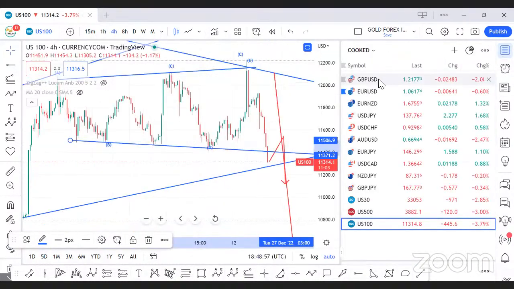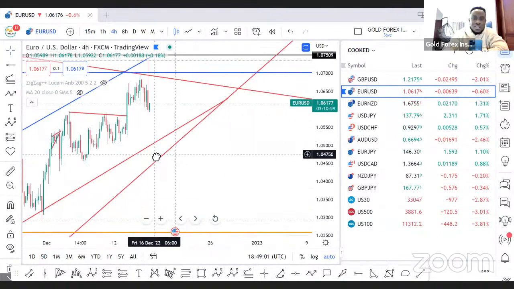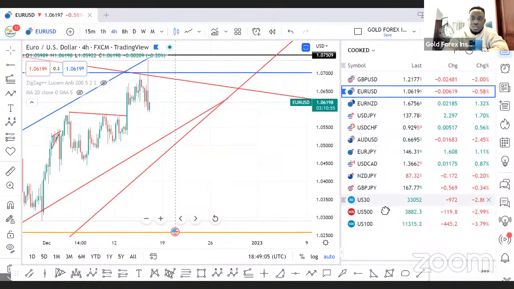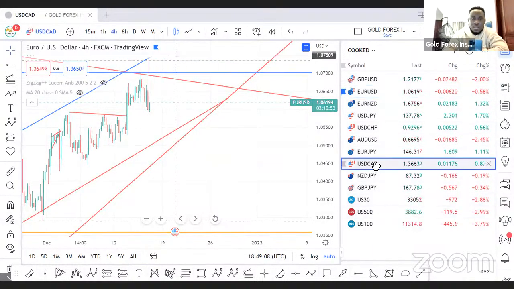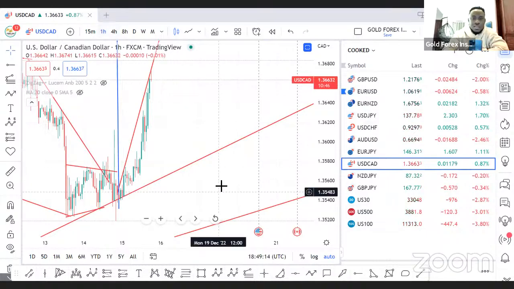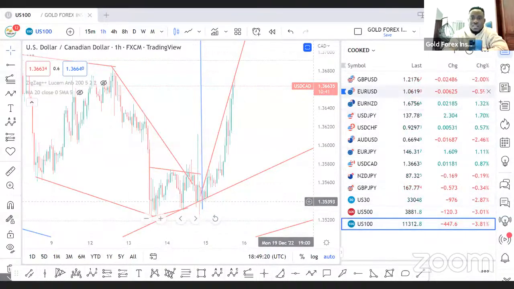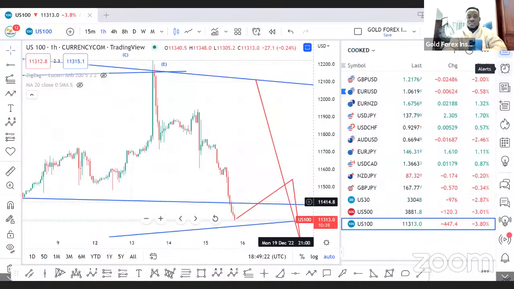Let me look at your USD. Okay, good. Wow. USD chart. Then I should be in good profit there. I've not been checking my trades.